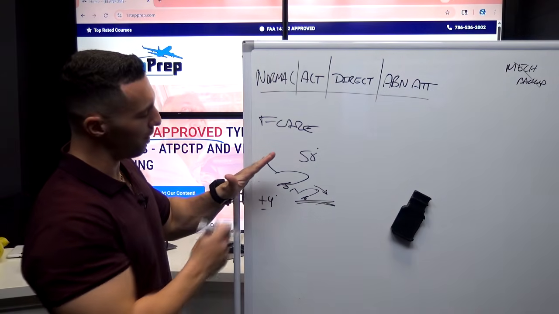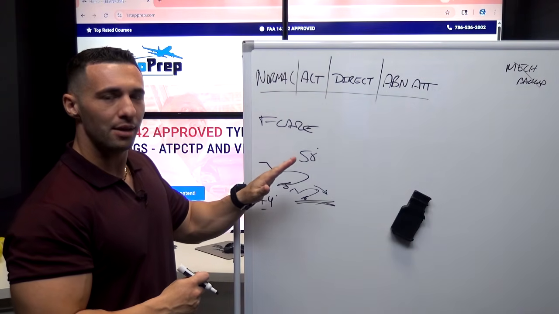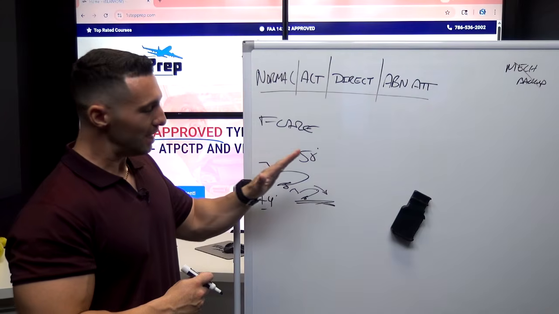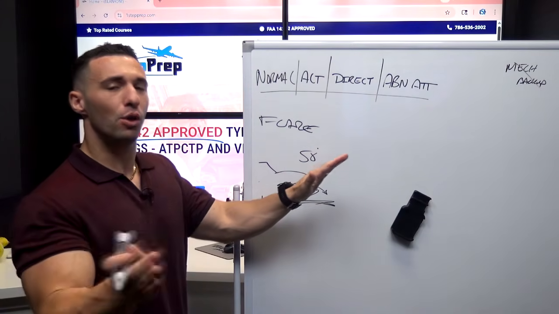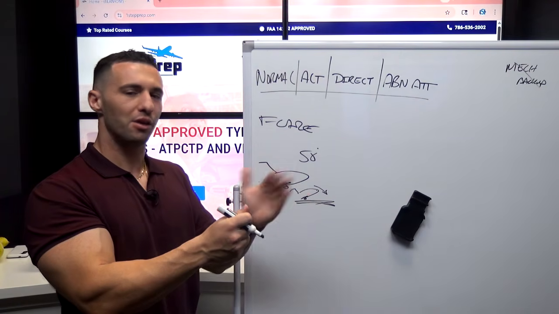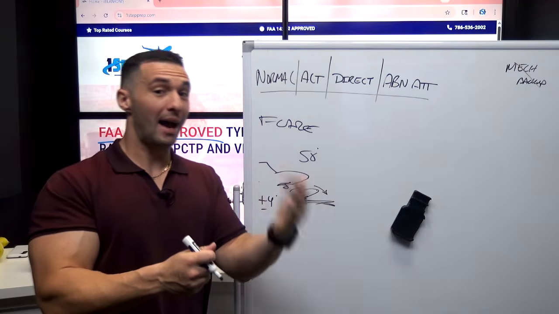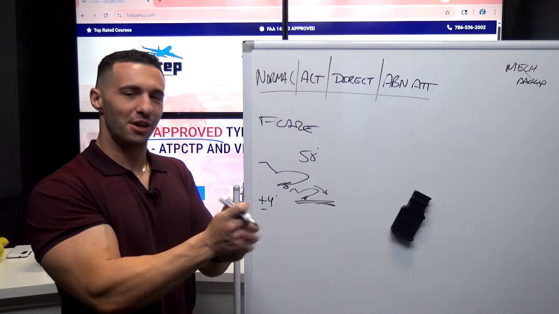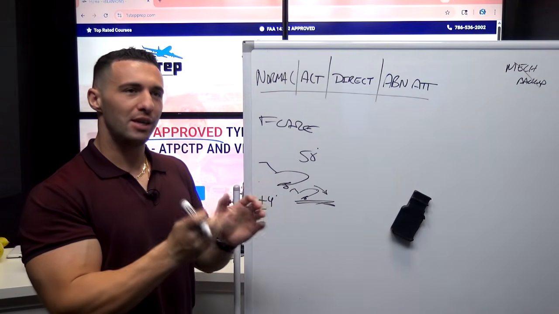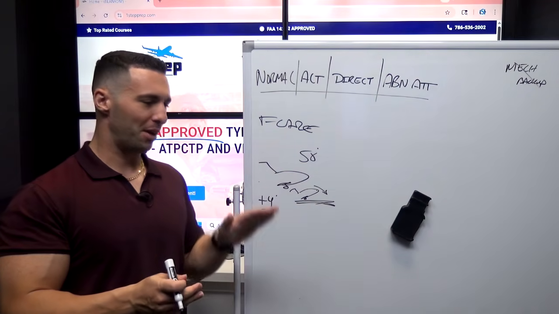So the nose will stay right where it is, and the elevator would actually still apply inputs to keep the nose right where it is. Even though you're not applying an input to the side stick, there would still be elevator motion technically on a small level to comply with your lack of input, which is no G change on the side stick. So that would lead to effectively an endless floating scenario where the jet's basically just hovering there.